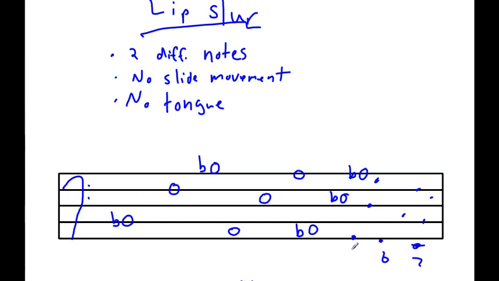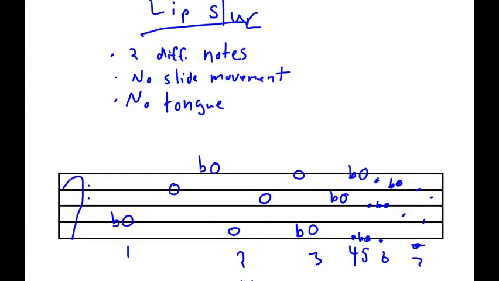Seven, six. Missed five. So the G flat, D flat, and G flat. Fifth position. G, fourth, A flat, A, and then first position. So that's the lip slur.